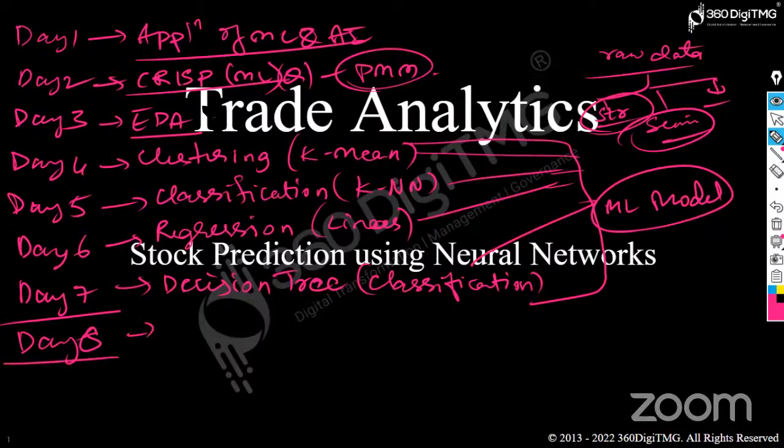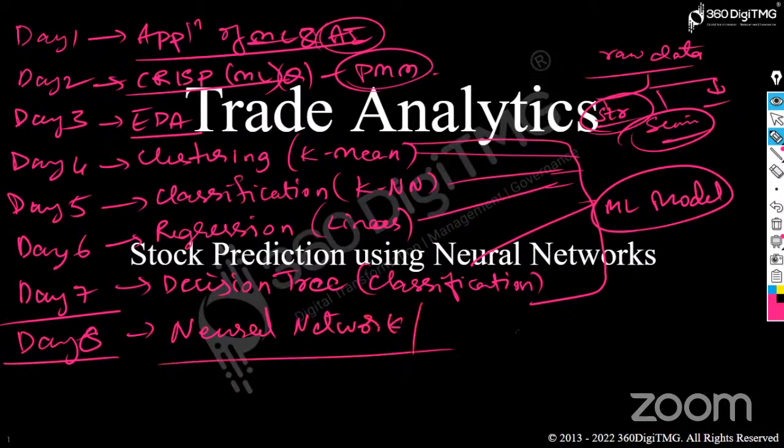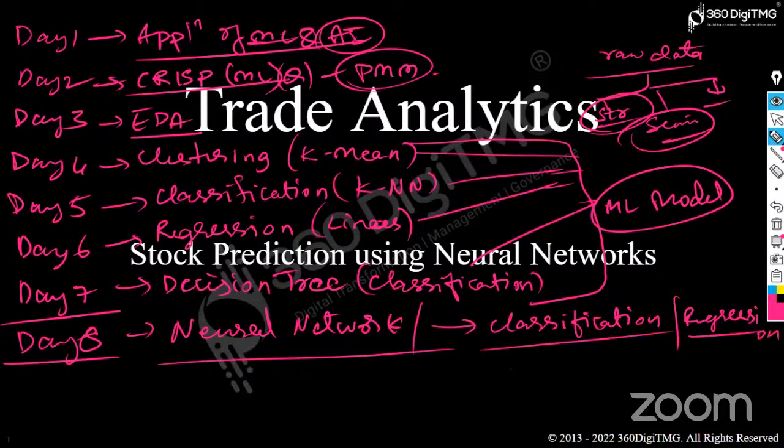But today we are going to understand, as I told you on the first day, that neural networks also contribute and work on regression problem statements and also classification problems. So today we try to understand how this neural network is designed, what all things it has, and how it is helping trade analytics, whether with respect to classification or regression.